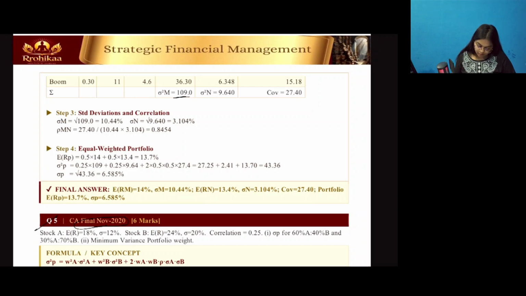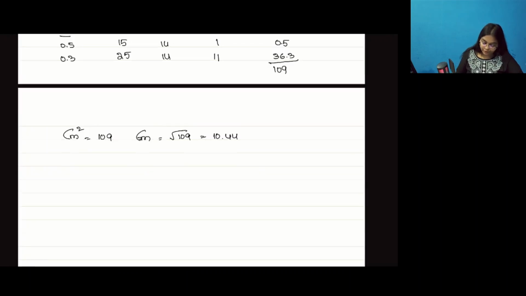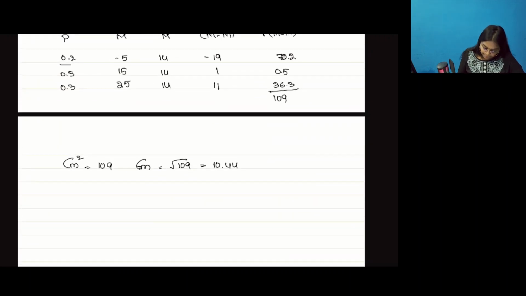Next, correlation. In the same way we'll calculate for n also. Sigma n square equals summation p into (n minus n bar) whole square.